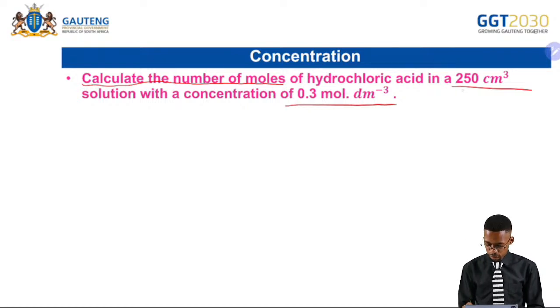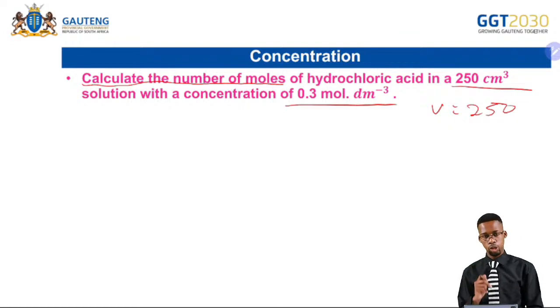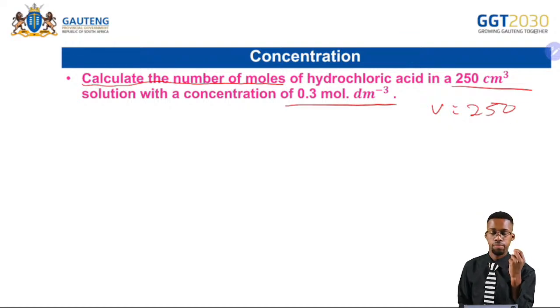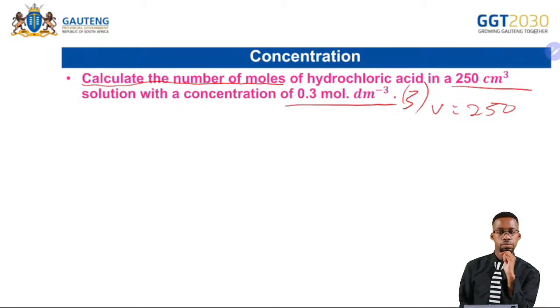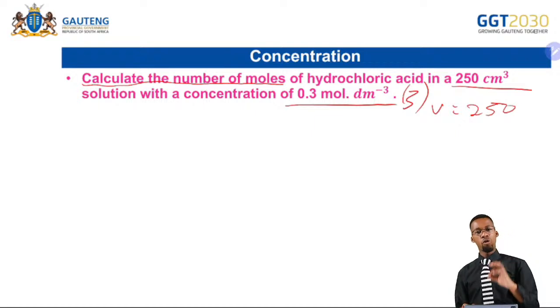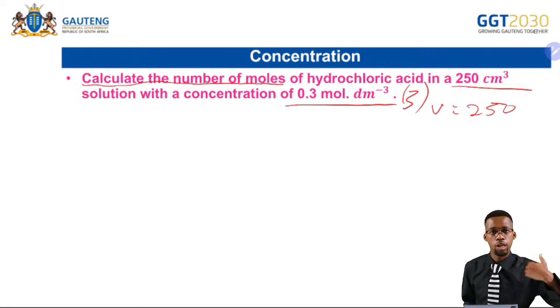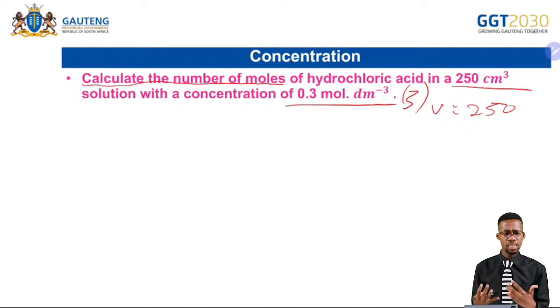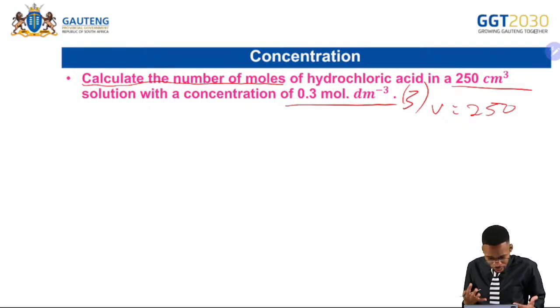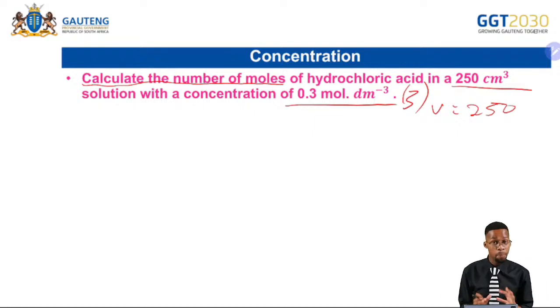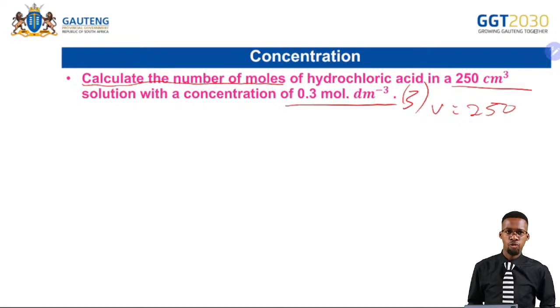Now it poses a challenge. Let's say this is a 3-mark question. It poses a challenge because our volume must be in decimeter cube. And as grade 10 learners, we need to be happy when we encounter challenges. Challenges should make us happy because we are problem solvers.